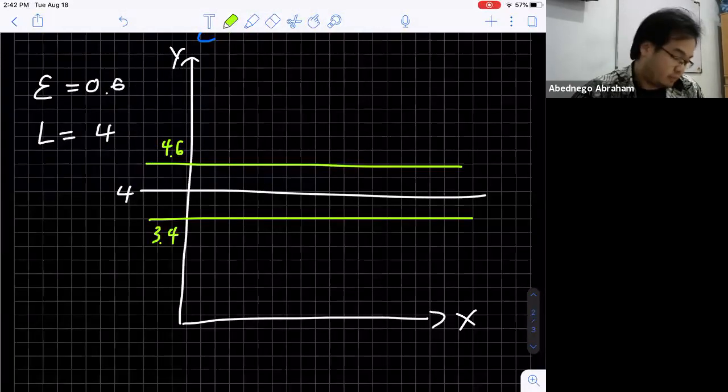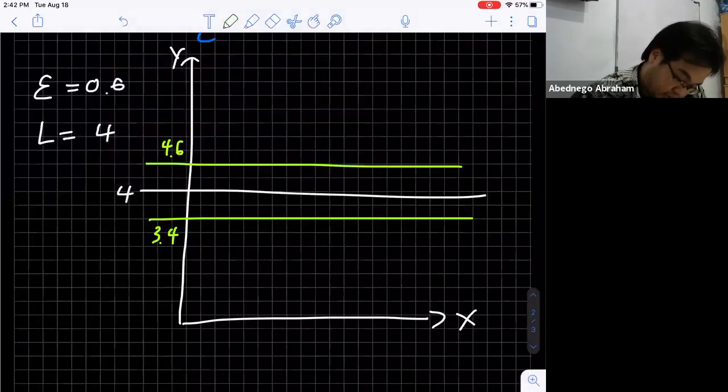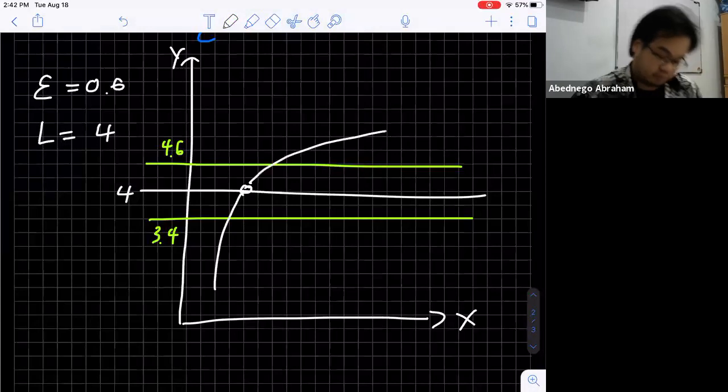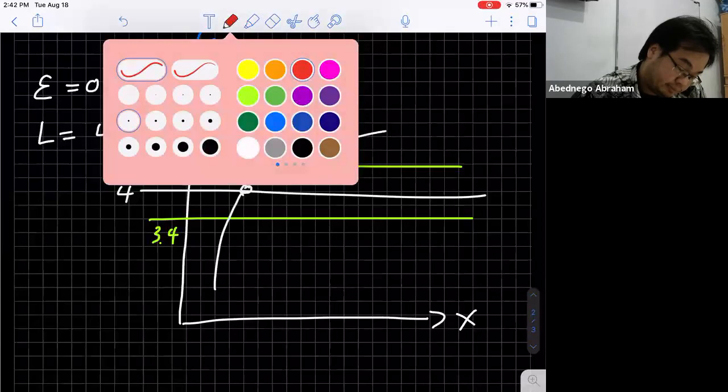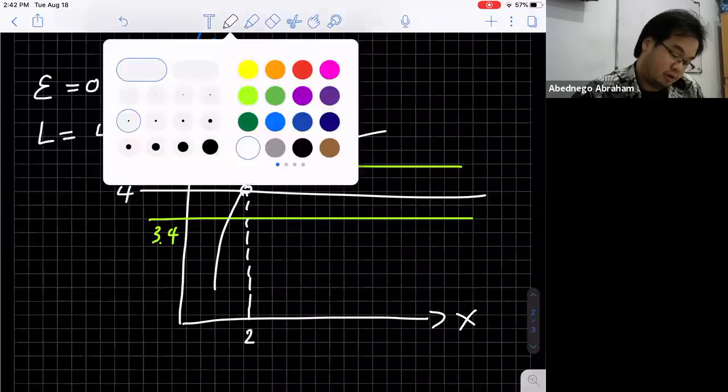Okay, and I will try to draw the function to you so it's not confusing. So it's going to be this. Okay, and then, before that let me draw the c first. The c is actually equal to 2, yeah. Okay.